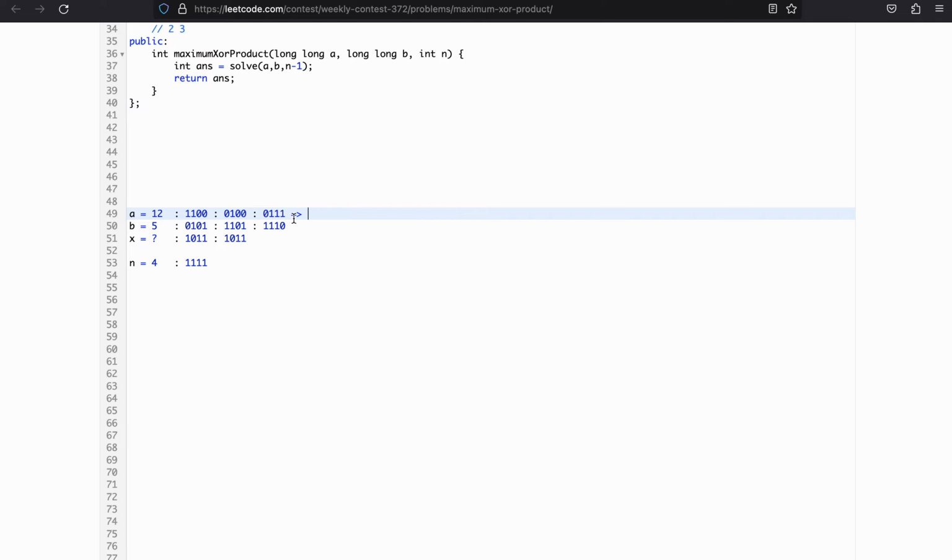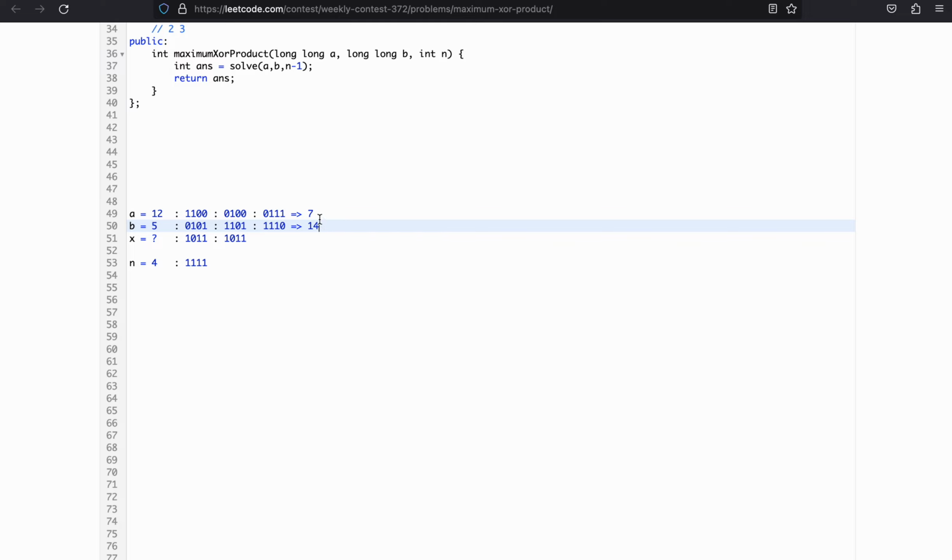This number is 7, and this number is 14.